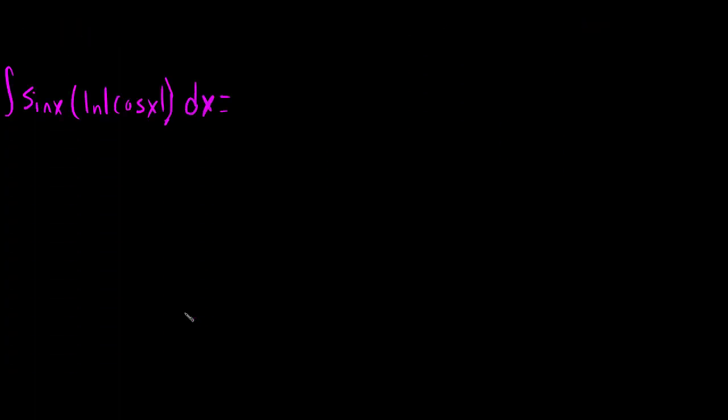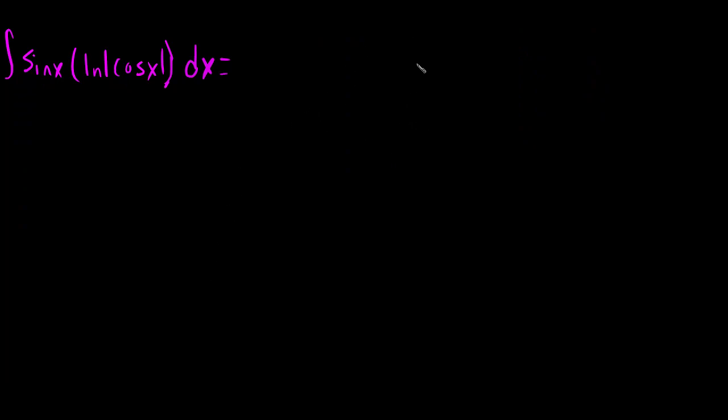Okay, moving on to the next one. So u equals, dv equals, v equals, du equals. Looking at this, I see that I have an ln of something, so I know that this is going to be my u.